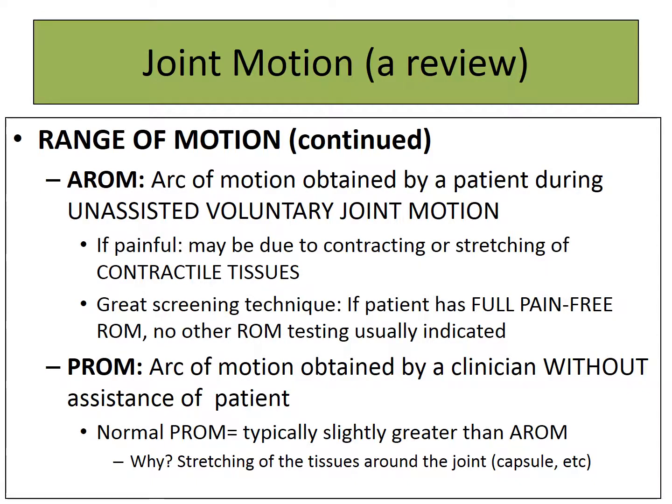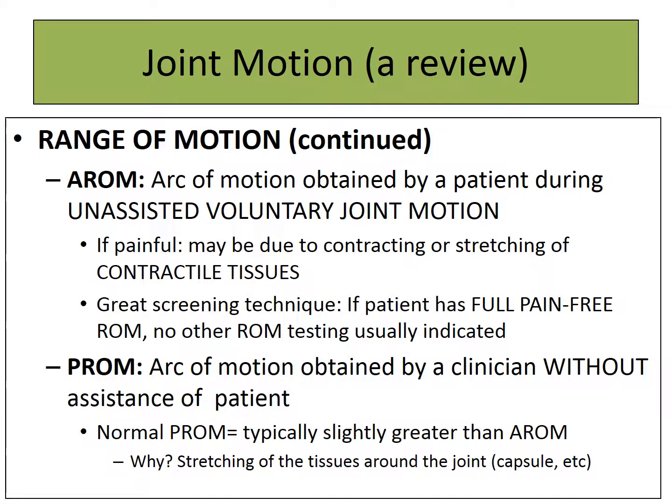It is very important to determine whether your measurement is active or passive, and it can give you lots of information. So for example, if the patient has full active range of motion, you have them move their shoulder in all directions and you can tell that it is full, there is no need to then measure it passively if they have the muscle strength and the range within the joints to do it actively.